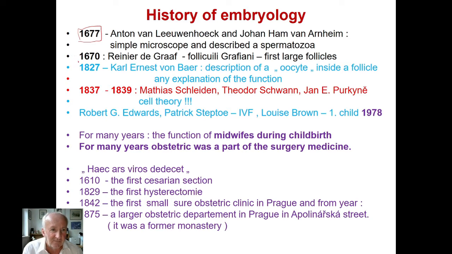Mr. de Graaf saw and described follicles in the ovary of a dog, in nearly the same years, because a female dog also has developing, growing follicles in the ovary. But he did not understand that there is an oocyte or something like this.